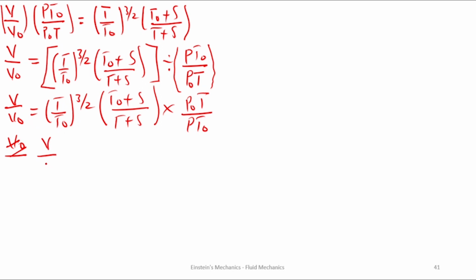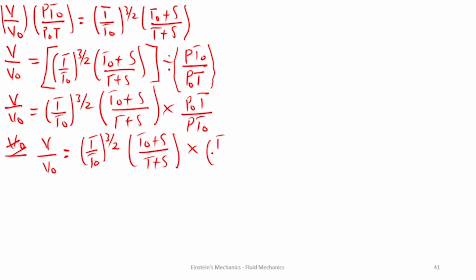All right, so can I further express this again in a certain form? So to express that, I say V on V naught should be equal to this T on T naught to the 3 on 2, then T naught plus S on T plus S. This can also be expressed as T on T naught, then I also have P naught on P. I'm splitting this. But look at this: we have like terms, T on T naught, T on T naught. Since there's multiplication, by the law of indices we can add the powers.